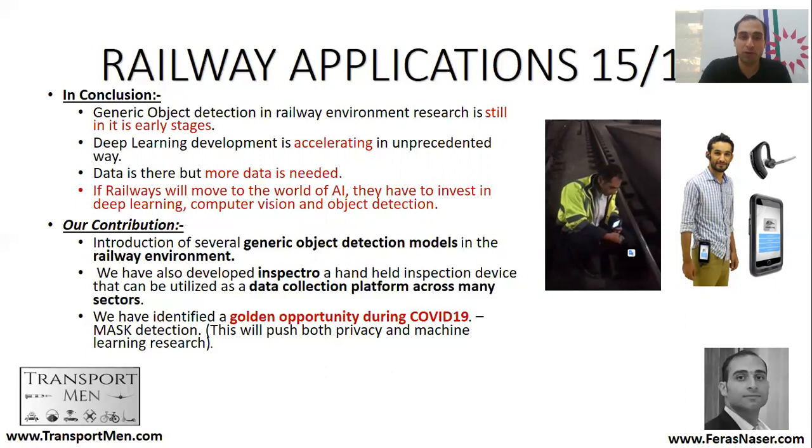So if railways will move to the world of AI, they really have to invest in deep learning, computer vision, and object detection. And even though this solution sounds not that great and depends on human intervention, I think it gives you a good collection of data that can help in developing generic object detections in the railway environment.